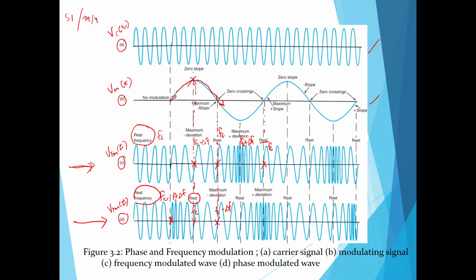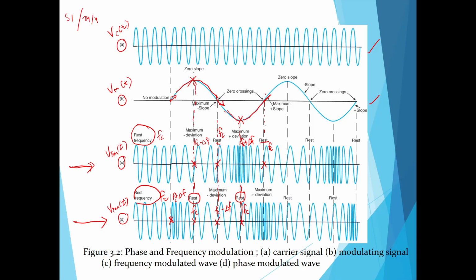Okay, and then the modulating signal achieves the peak negative amplitude. What happened to the carrier? The carrier would be at rest frequency, which means at Fc. Okay, and then the message signal moves from negative peak towards zero crossing.